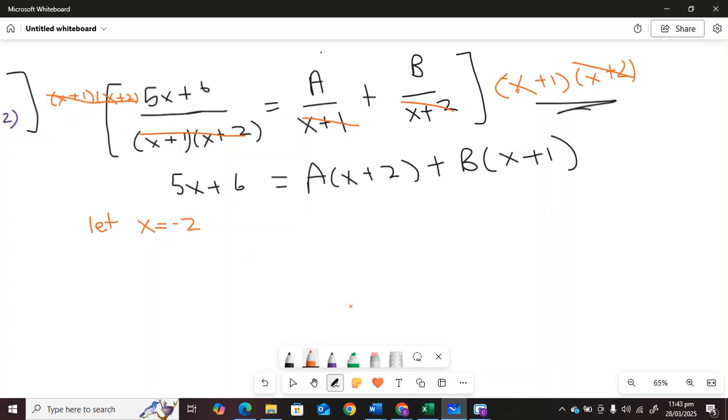Wherever there's an x, you substitute it with -2. We want to get rid of one variable so we can find the other variable. So to get rid of a, equate x to -2.